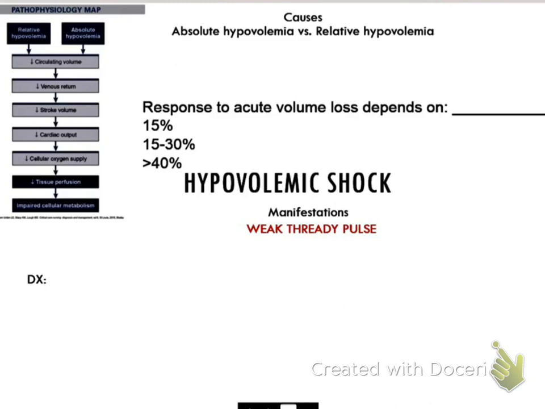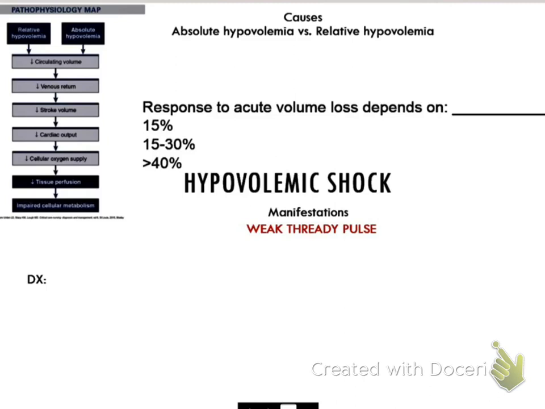So the response to acute volume loss is going to depend on the amount lost, right? The kind of injury it is, the person's age and health, and how well they can compensate. So losing up to about 15% of your body volume, your body's going to be able to compensate. You might not even notice it.